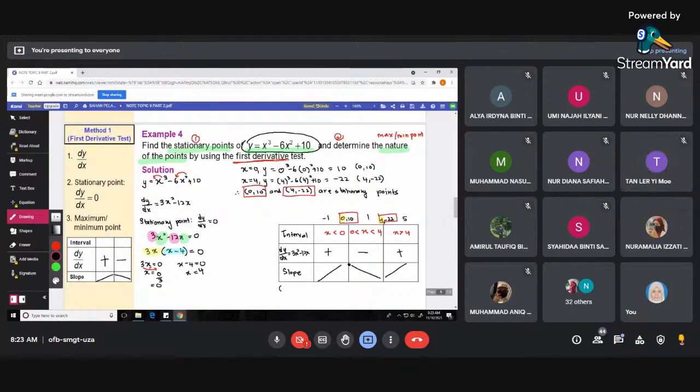Maximum. Maximum point. Yeah, it's a maximum point. Okay, so I put a point here. So what happened for negative 22? Is it maximum or minimum? Minimum point. Bagus. So that's why we write for negative 22 is a minimum point.